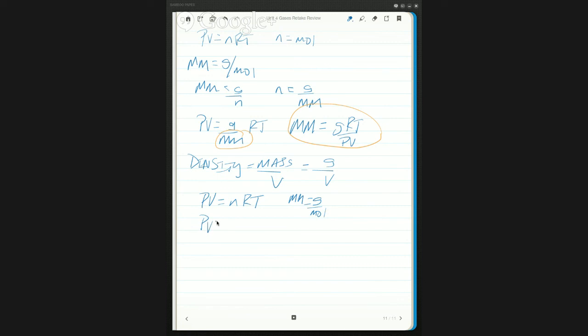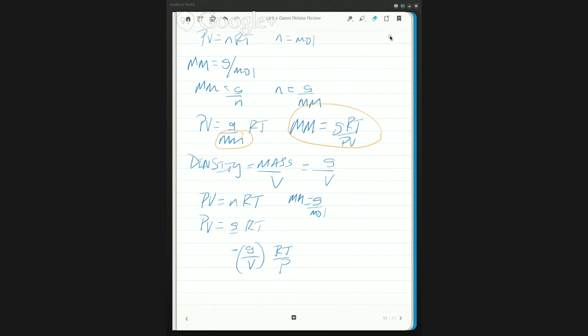So PV is equal to g over molar mass times RT. If you want to just get density, however you want to plug it in, you can have moles being equal to g over V, that's the density, and then you have RT over P. So let's say you're solving for moles. Oh no, grams over molar mass, sorry.